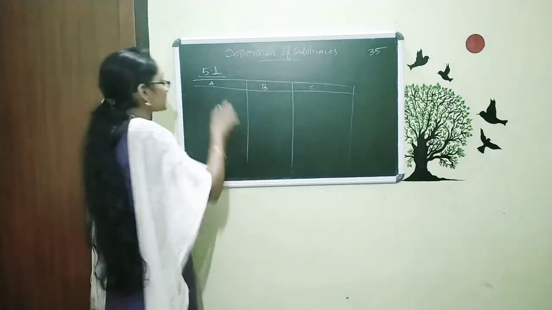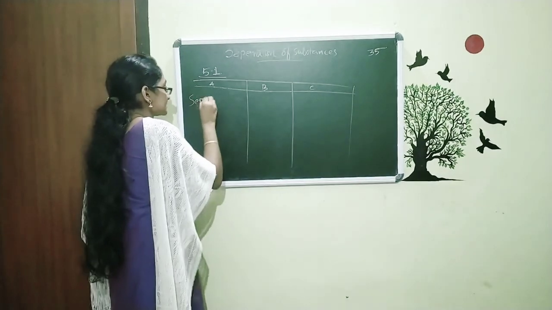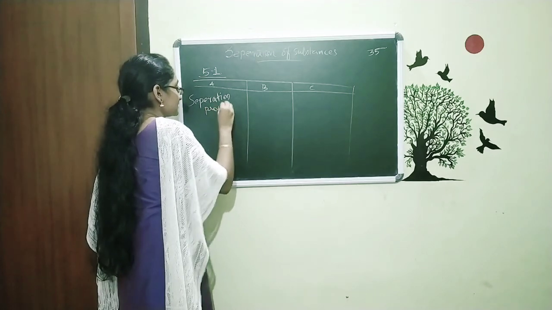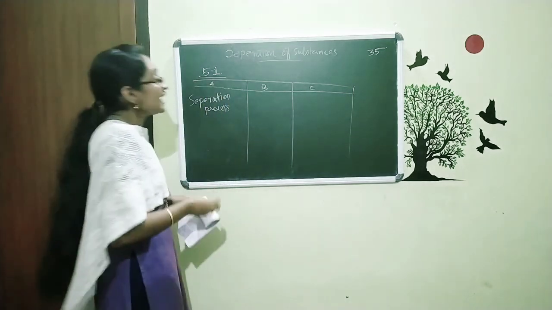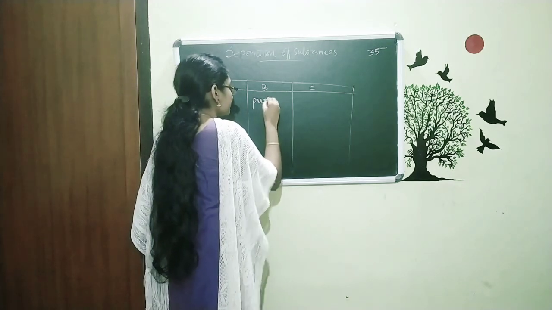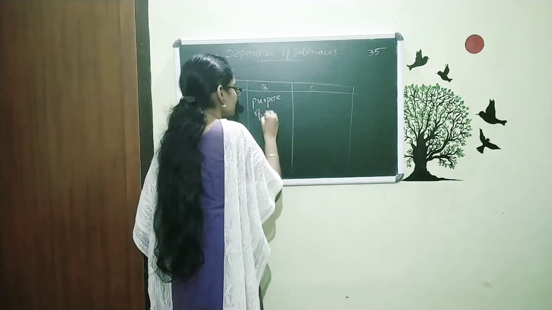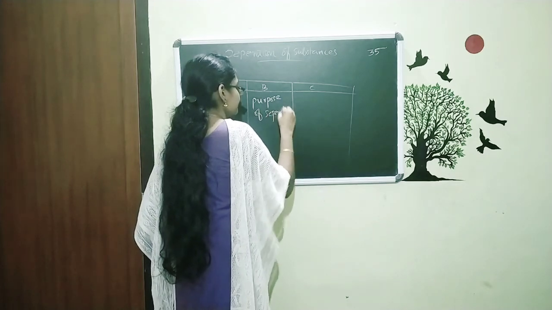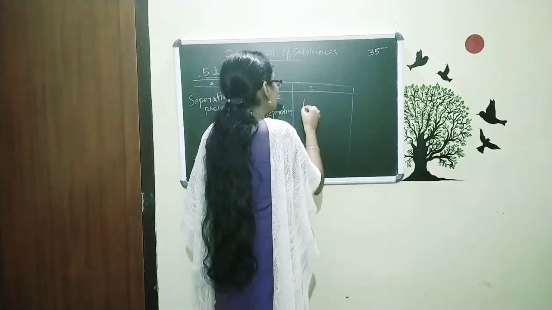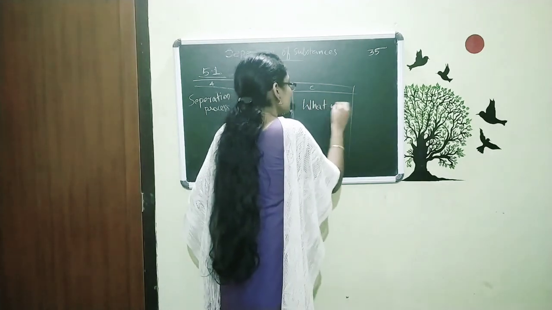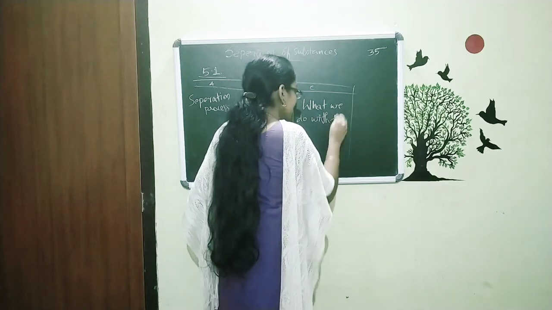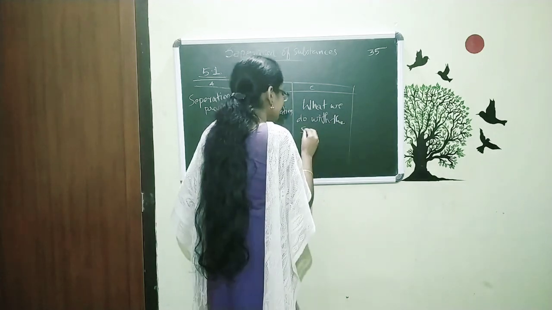What is there in column A, B, and C is: in A, the separation process; in B, the purpose of separation; and in C, what we do with the separated substance.